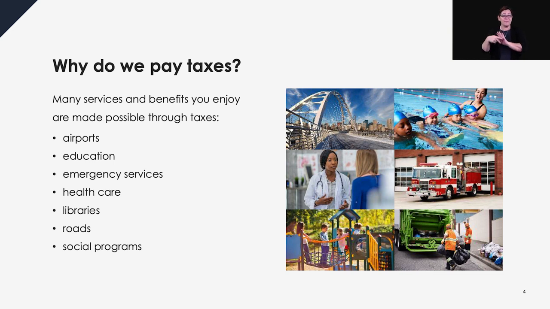The taxes we pay in Canada also help put money into the pockets of students, families, newcomers, seniors, and people with disabilities. This money is distributed through benefit and credit payments. They also fund social programs such as income support and old age security to help members of our community.